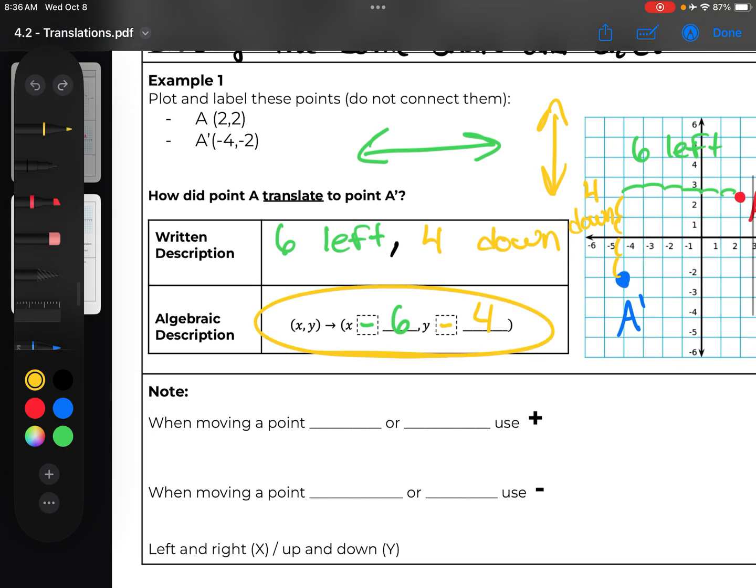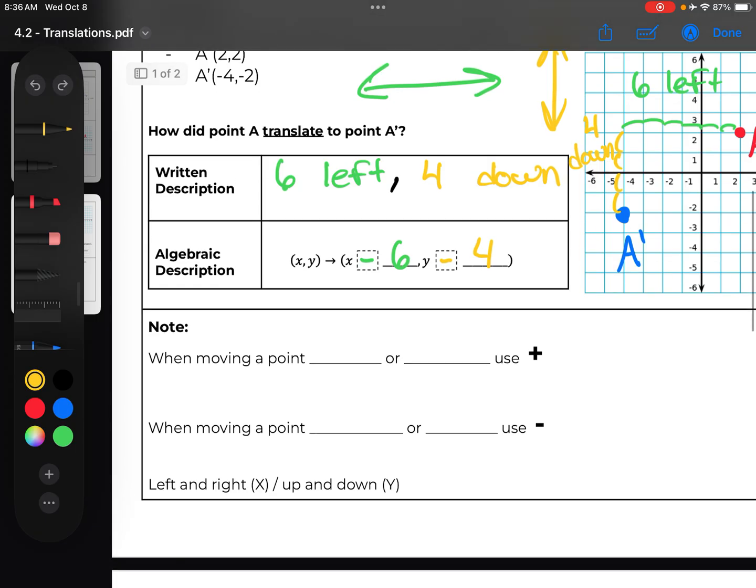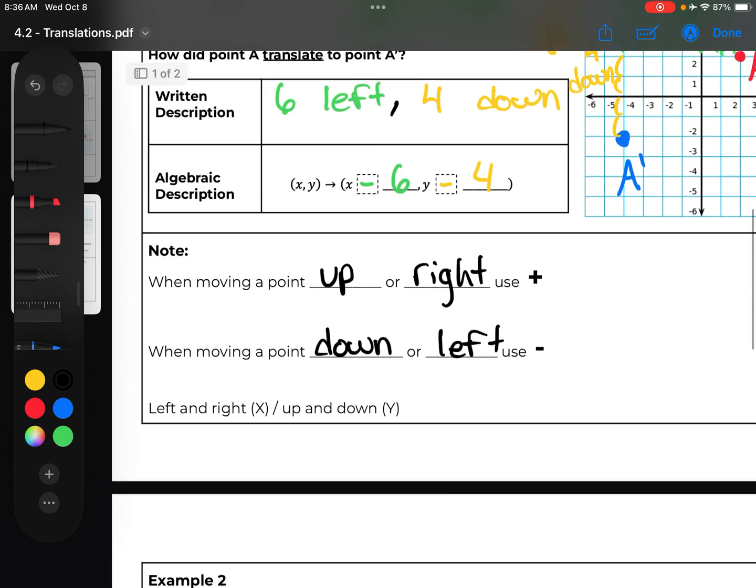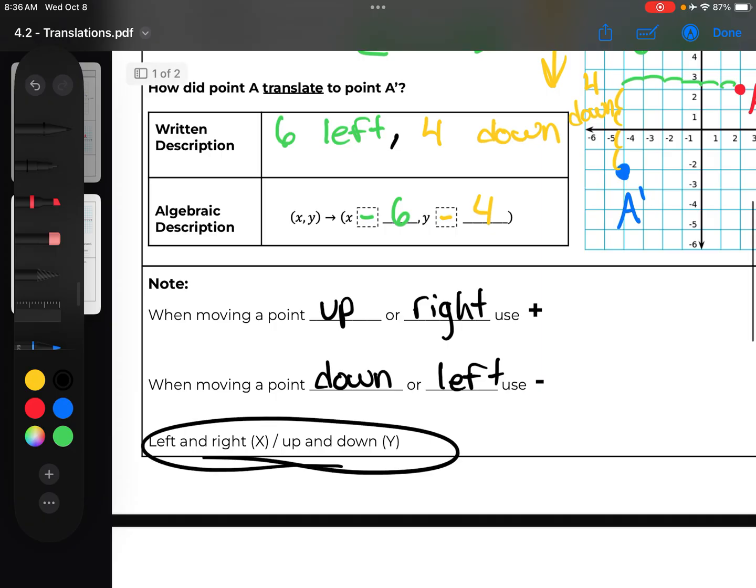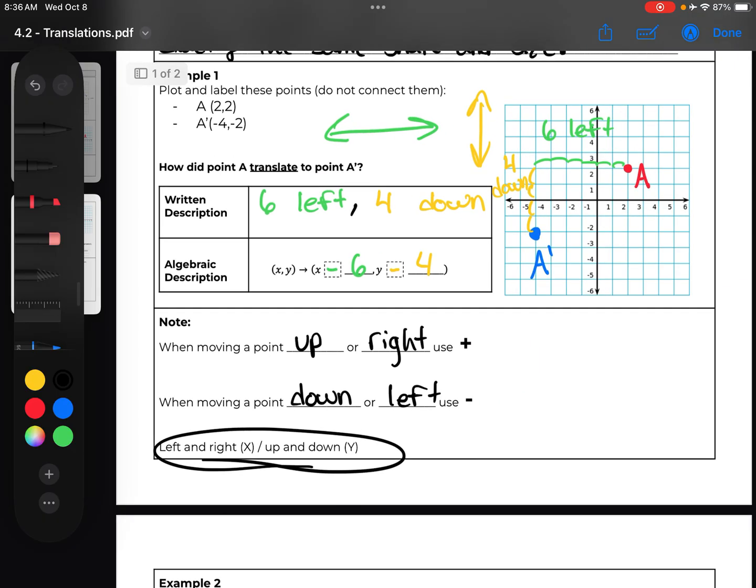So this is how you say the same exact thing as the written description, x -6, y -4. Remember, when you move a point up or to the right, you are going to use plus. When you move a point down or to the left, you're going to use a minus, not a plus. So remember, left and right is x, up and down is y.